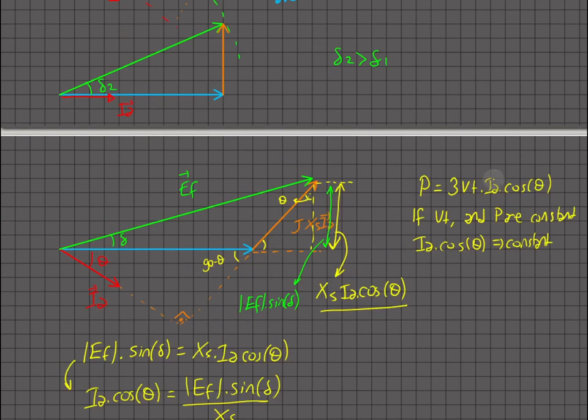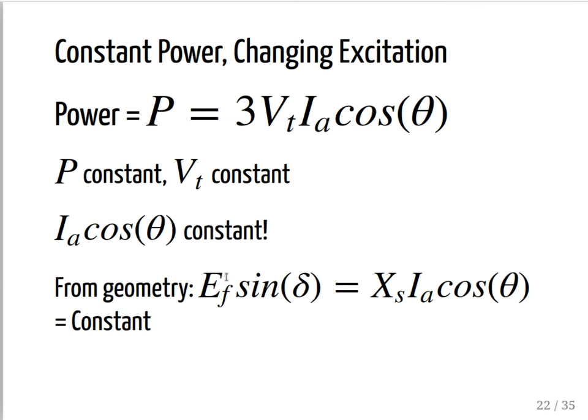So during constant power operation, having that one constant means that green arrow can only move along that horizontal line. Actually, that is what you were seeing in the previous slide if you didn't realize. So that one is constant. So from geometry I can say EF sine delta is equal to constant.